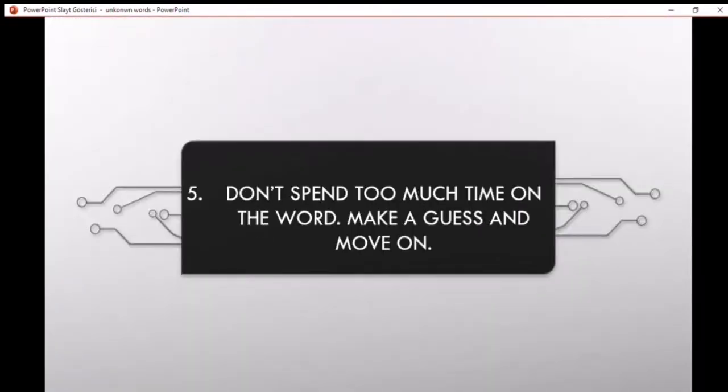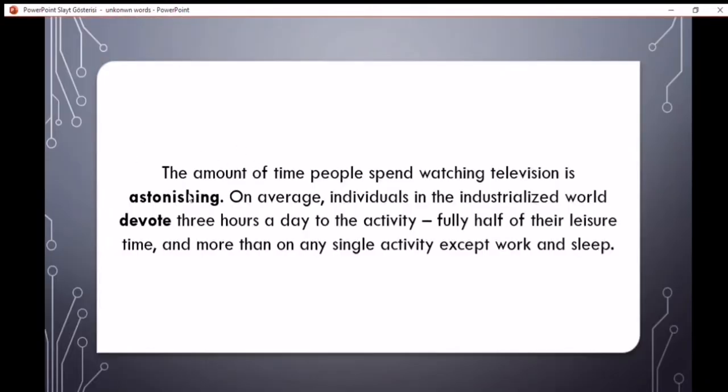So what we do here is that we made an educated guess because we read the following and then we said, oh, okay, so it might mean surprising or shocking. If it were simply a guess, then we would say, okay, astonishing is an adjective, so it's devastating.